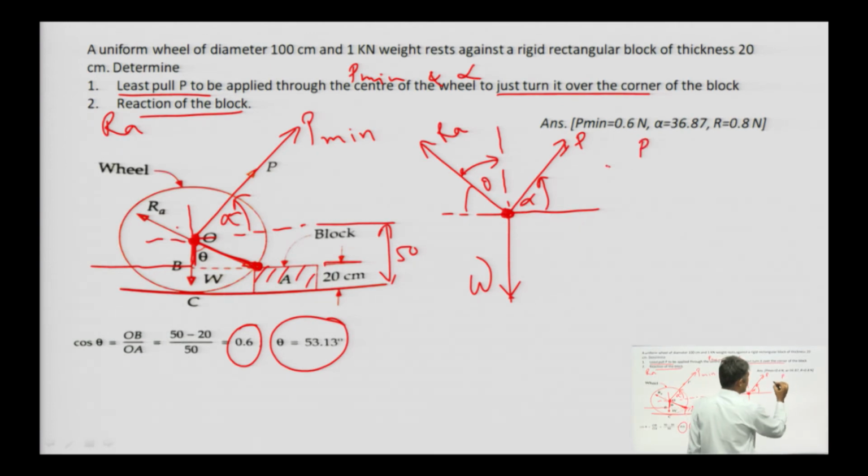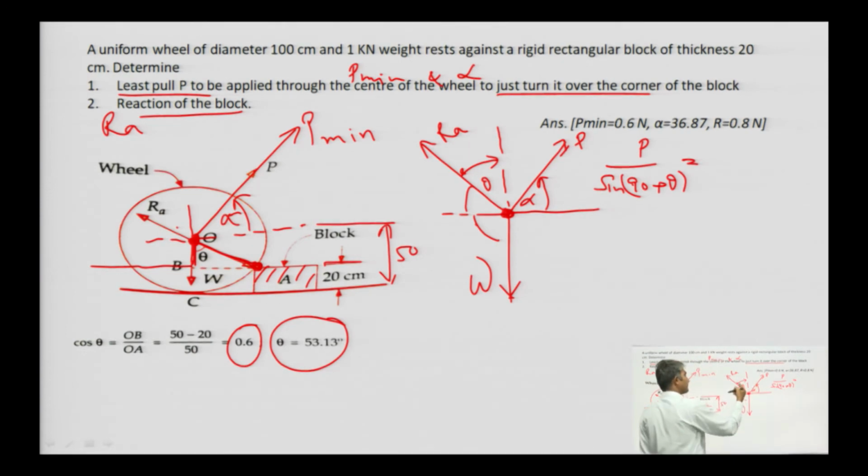So, it is P divided by sine of which one angle? If this is alpha, theta is known to us. So, it will be sine 90 plus this one angle 90 plus theta, okay, is equal to P upon sine.